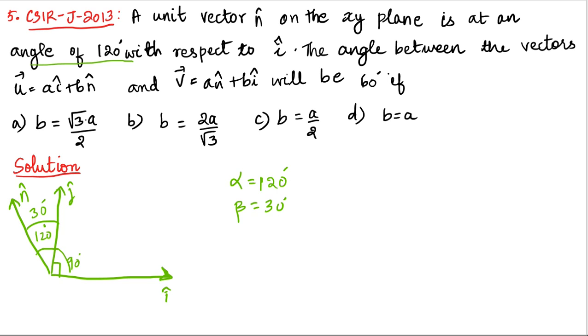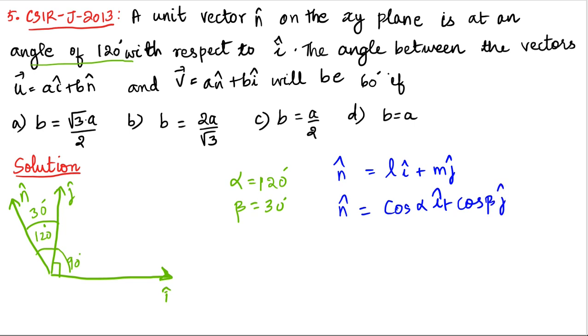Now, how do we frame a unit vector using these values? For such cases, you can use n cap is equal to l i plus m j, where this is nothing but cos alpha i plus cos beta j. These are derived from the direction cosines, so you can just check that once.